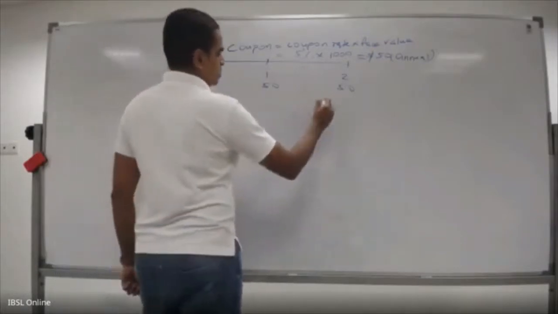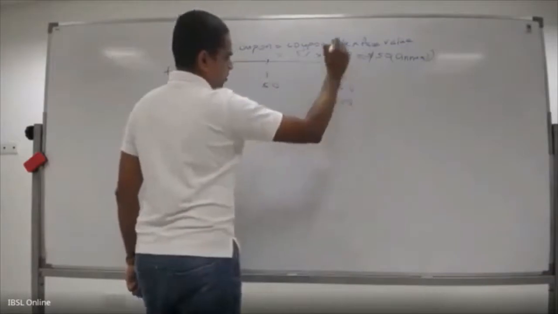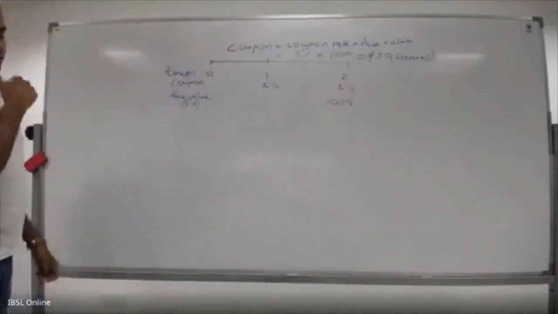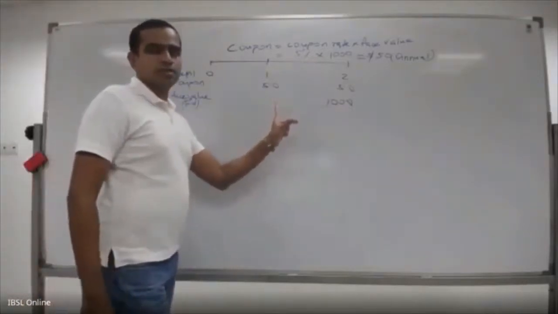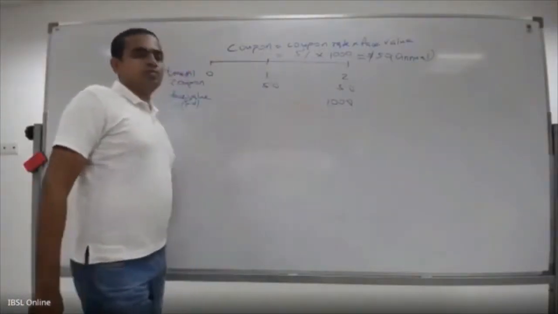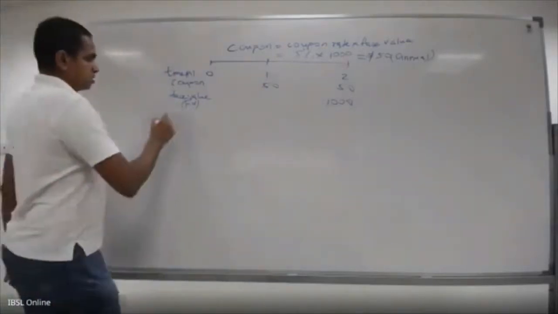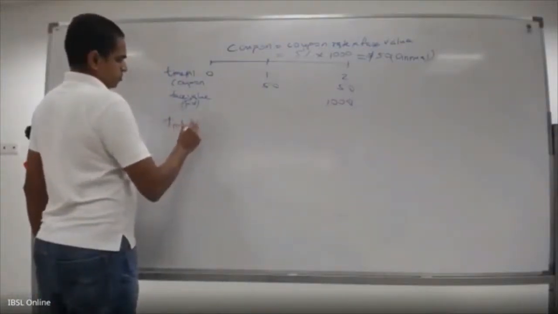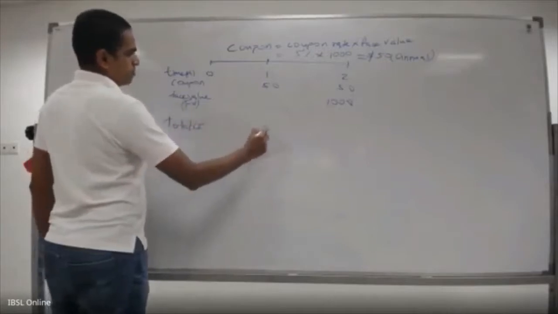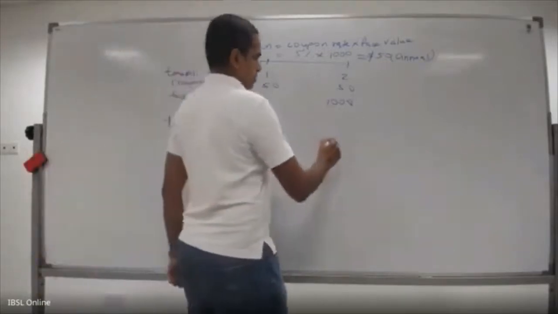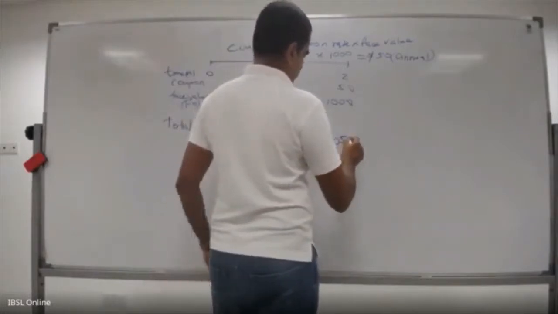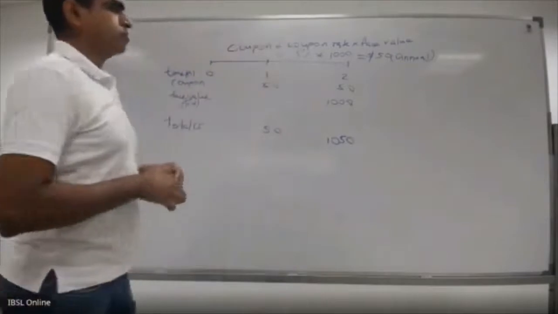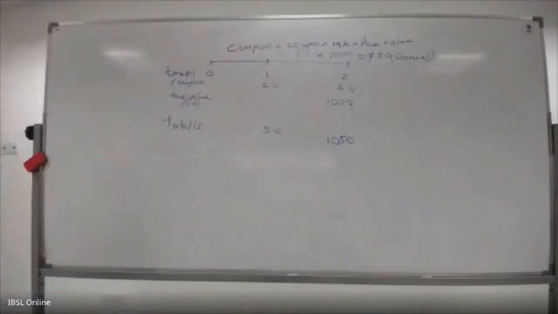So this bond matures in 2 years. When it matures, it will give you $1,000. Not every year, mind you. The face value comes only at maturity, not every year. So you won't get $1,000 in the first year, only when it matures, right? So your total cash flows will be $50 in year 1, $1,050 in year 2.